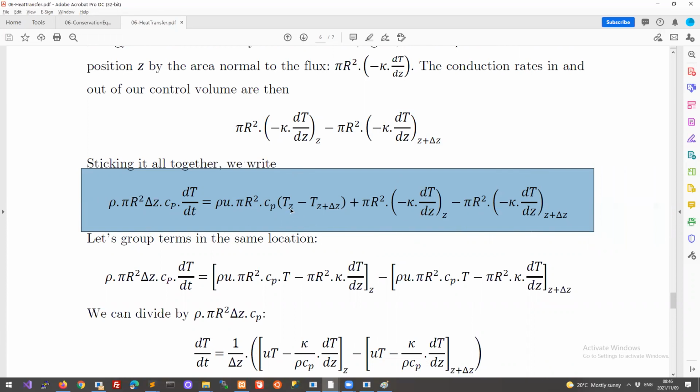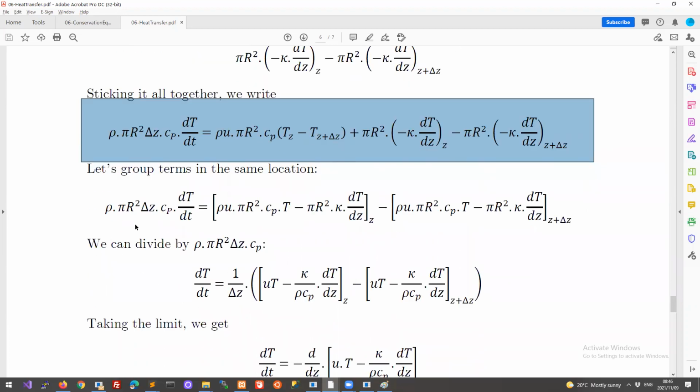So let's put together all the terms that are written on position Z and on position Z plus delta Z. So we actually go backwards and expand this term out into two terms in T at Z and T at Z plus delta Z, and then we group them with the right positions. That's shown here. So we've split off the T at Z part here, and then we've combined that with the dT/dz at Z part here.